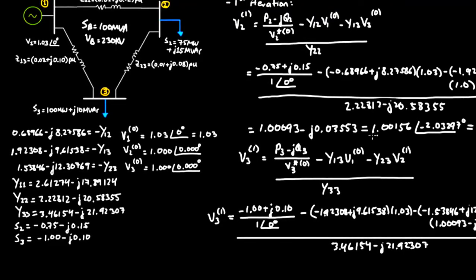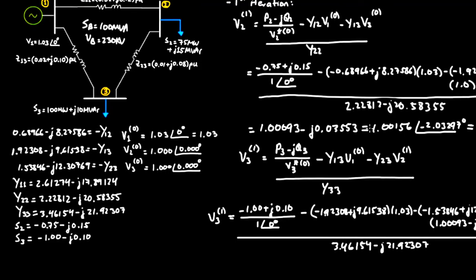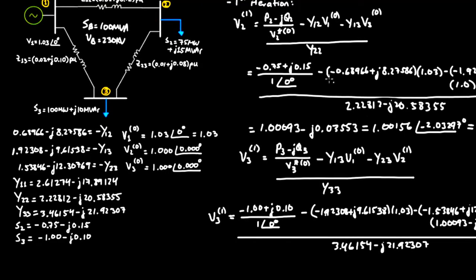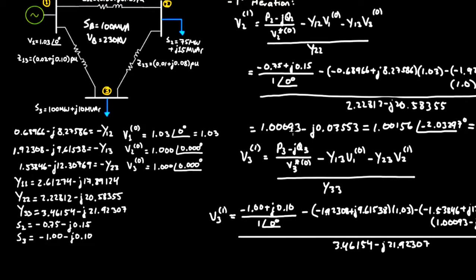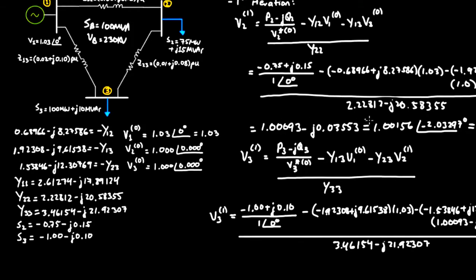Now this number is correct because I already calculated that in my notes. So even though I wrote down here Y22 and here, or rather Y33 and here Y33, I wrote down this number from my notes in which I did use Y22. So this number is correct. I just wrote down over here Y33 instead of Y22. But this solution again is correct.